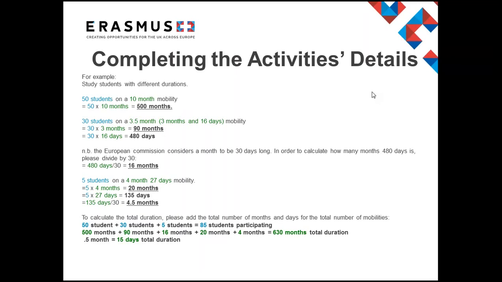So what you then need to do is, because 480 days is obviously longer than a month, you need to calculate the 480 days into number of months. So to do this, you just divide by 30. And so the answer is 16. So we now have 16 months to add to our 90 months.